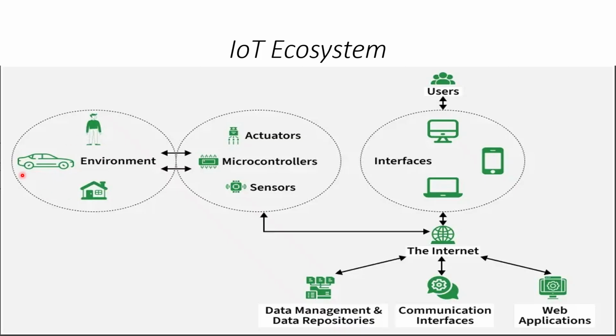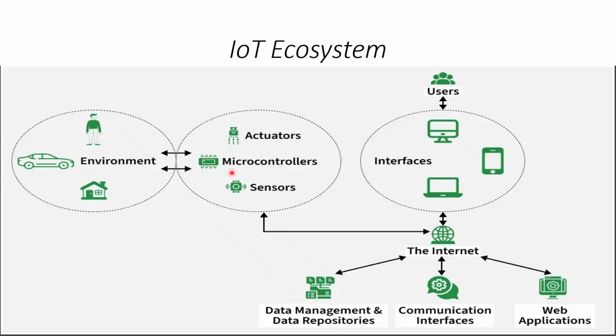Smart environment consists of these things. Next one is sensors. The next important thing is sensor, which detects physical parameters from the environment. For example, temperature sensor senses the temperature of the environment. Humidity sensor senses the humidity available in that environment. Then motion sensors, gas sensors, etc.